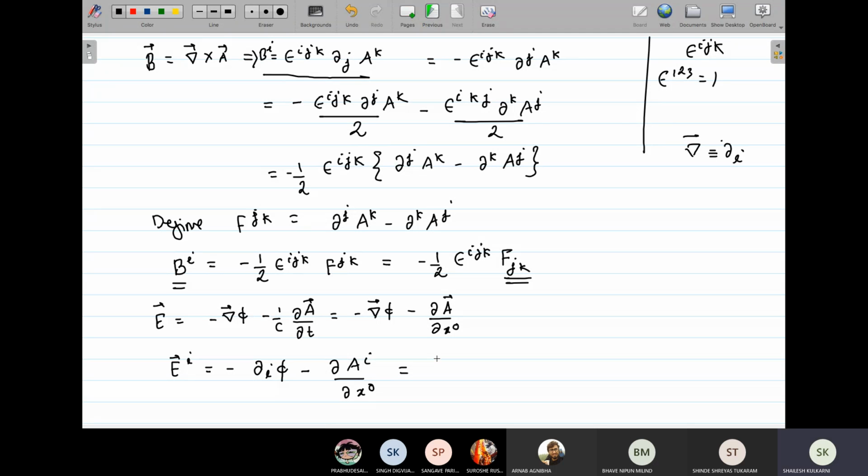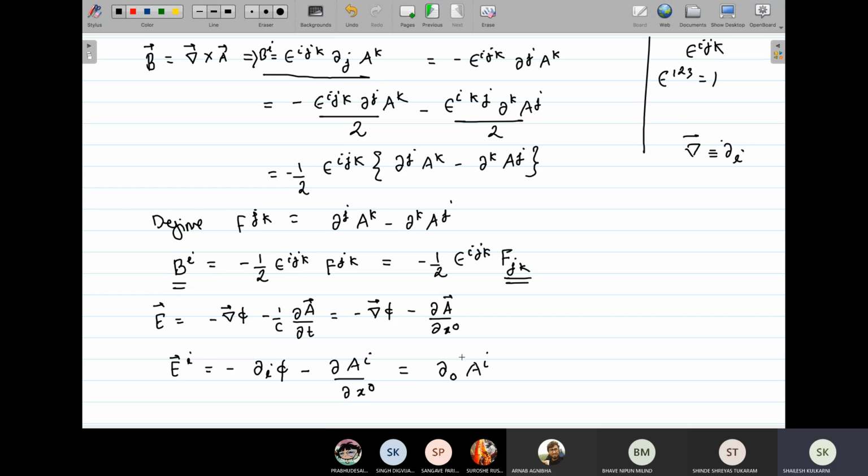I will express this using the shorthand notation for del x0, that is del 0 AI.